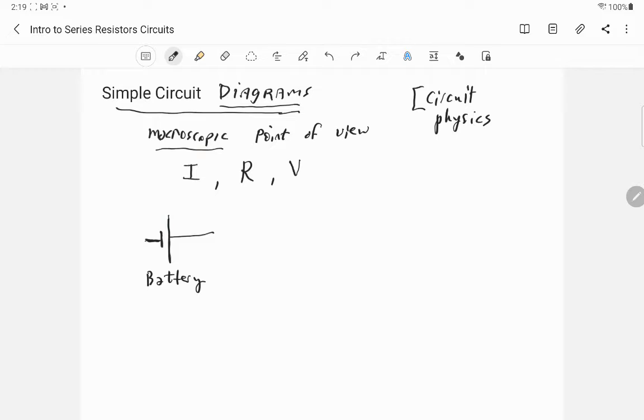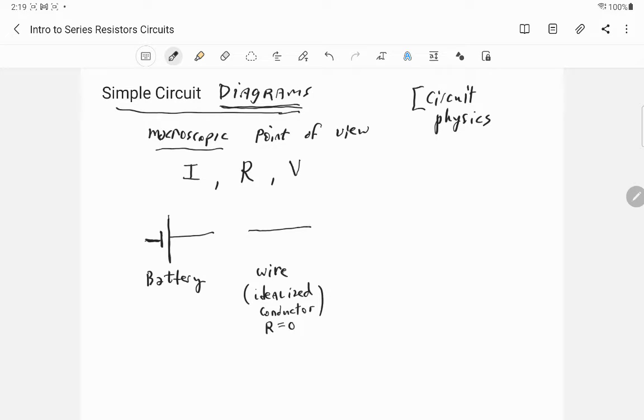Okay, so it's kind of funny to say this, but another piece of diagram is actually just the straight line. And this is meant to be a wire. And more than that, though, what's meant by this is we have an idealized perfect conductor with no resistance.